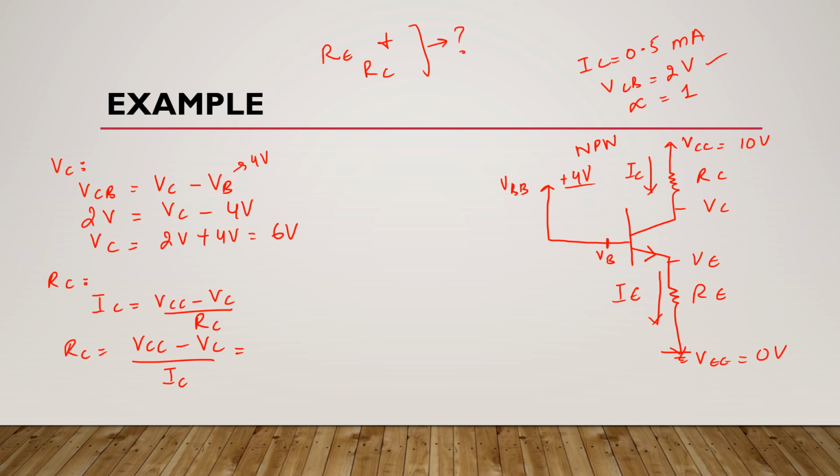Here this VCC is 10 volts and VC is 6 volts and IC is 0.5 milliamperes. It means this RC will be 8 kilo ohms.